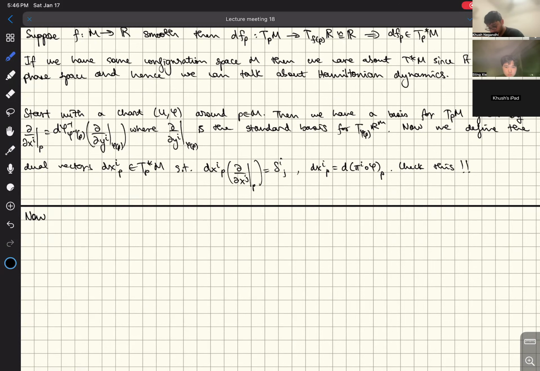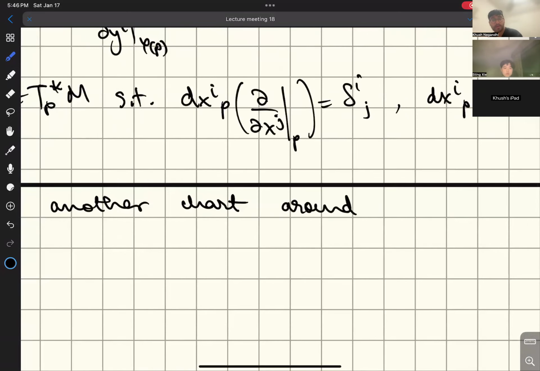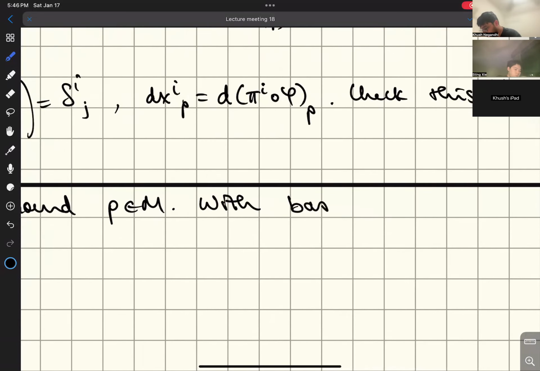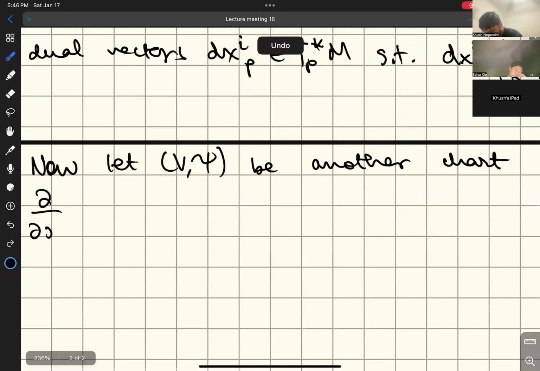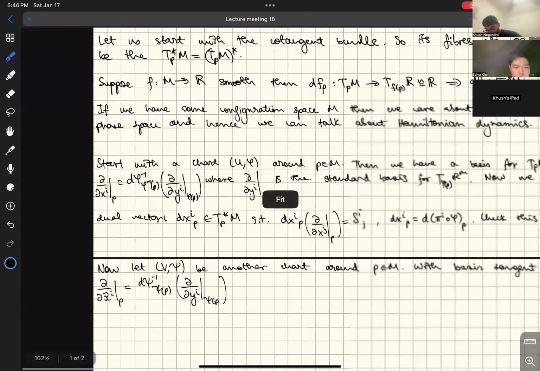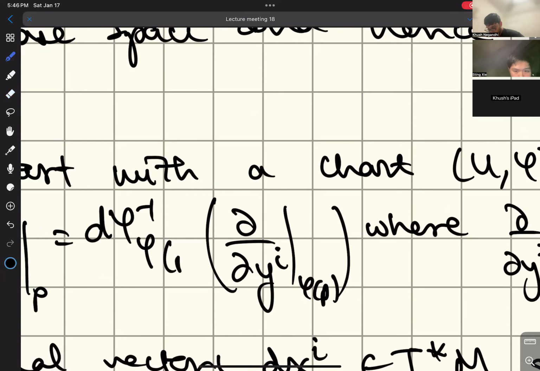So what we're going to do now is let (V, psi) be another chart around P, with basis tangent vectors partial x tilde_i at P, given by d psi inverse at psi of P of partial y_i at psi of P. This should not be sub pi; sorry, phi inverse should be like that.